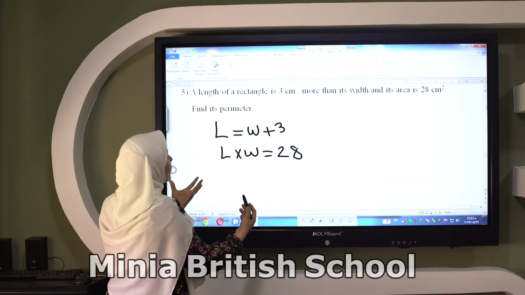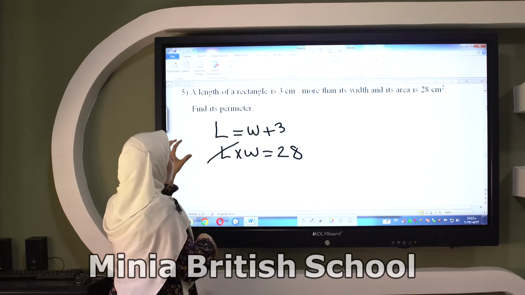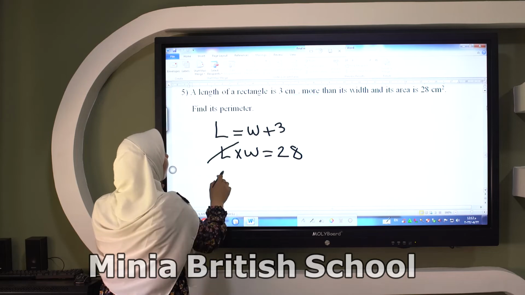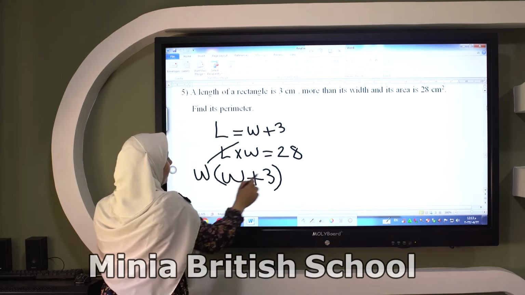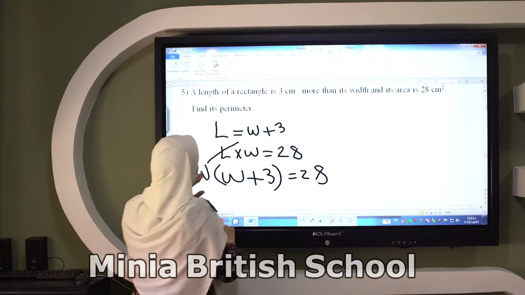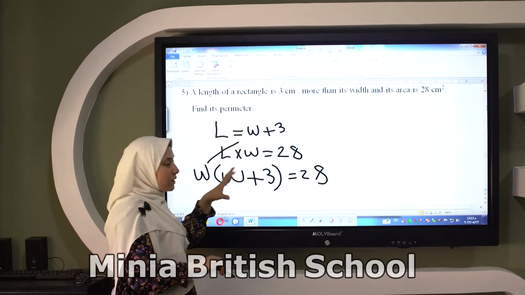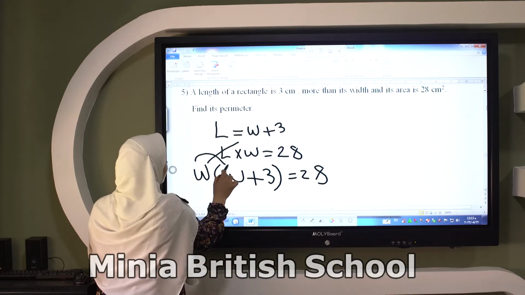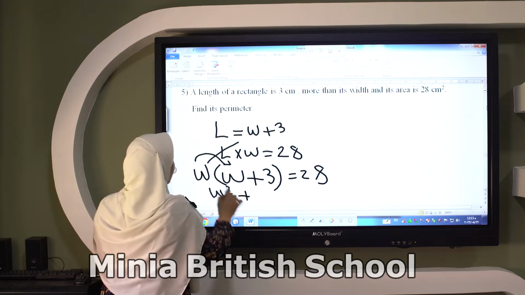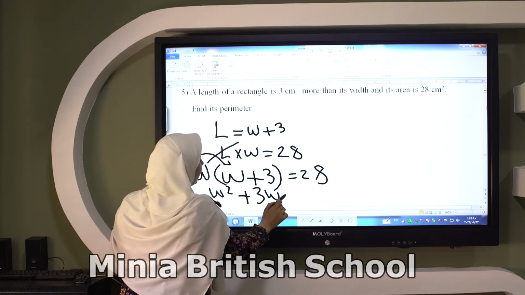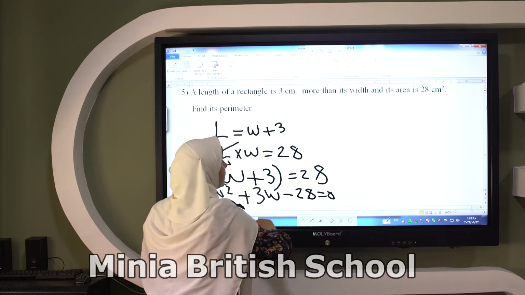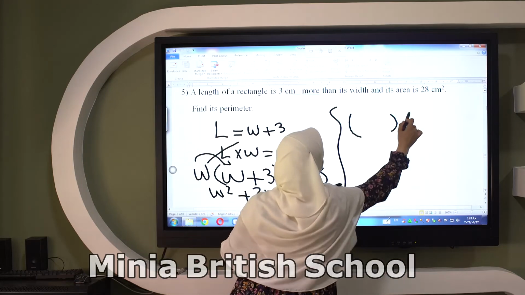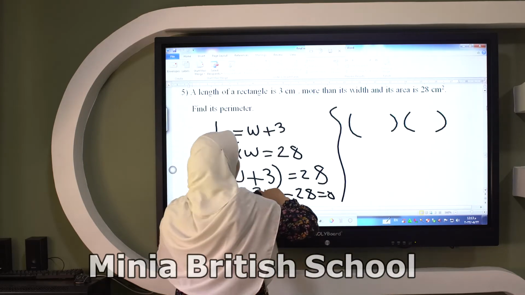Then you can substitute the value of L in this equation. So (width plus 3) times width equals 28. You can use the distributive property: w squared plus 3w minus 28 equals 0. Then you can use factorization to find the value of w.